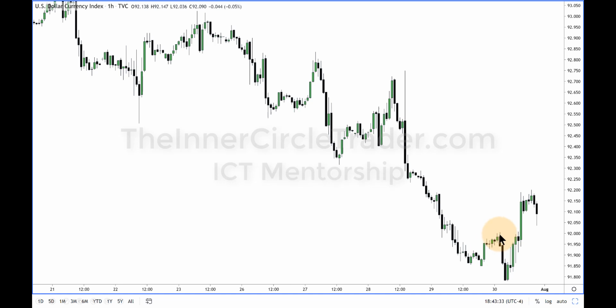In here, I want to see if this breaker gives up the goods. If it trades through that and goes below this low, then we'll definitely be looking for those daily chart discount arrays I outlined, for instance, the volume imbalance. But this could act as a short-term support, sending this back up into the mitigation area up in here.